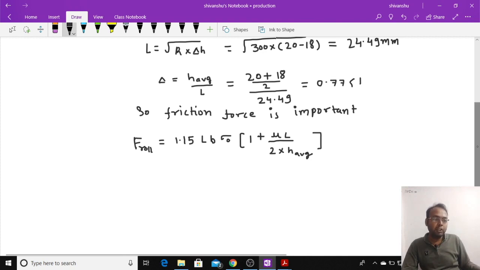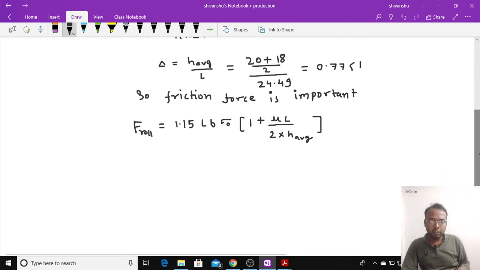So that we can calculate by the equation sigma O is equal to K epsilon F, which is true strain, to power n divided by 1 plus n.